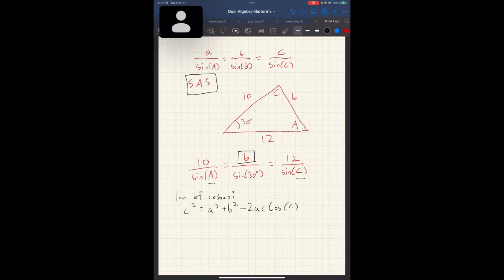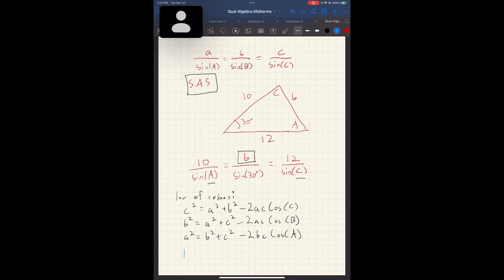But again, with an oblique triangle, the way that we name our angles, sides, and whatnot is pretty arbitrary. So it turns out that we actually get 3 versions of this for whichever side we're looking at. B squared is a squared plus c squared minus 2ac times cosine of angle B. And side A squared is b squared plus c squared minus 2bc cosine of angle A. So now, based on the law of cosines, can I solve this?